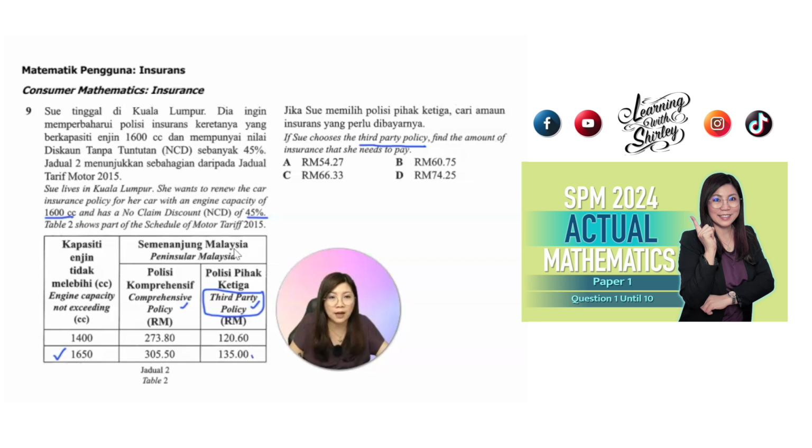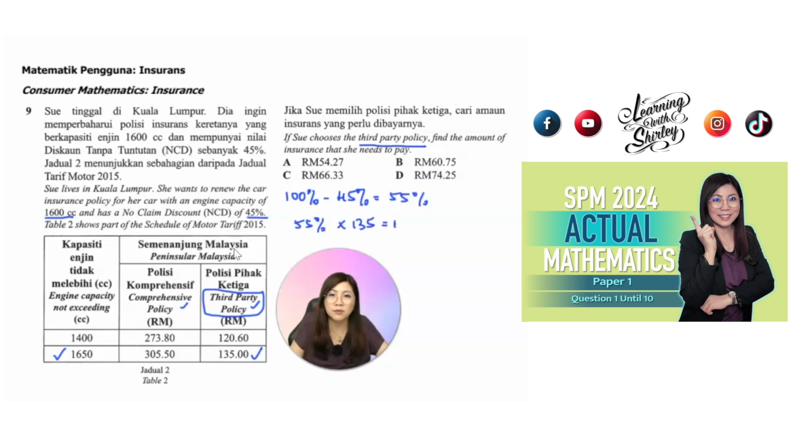So 135, but there's an NCD of 45%. So we have to use 135 minus the 45%. Okay, so I can actually use 100% minus 45%. So actually she has to pay 55%. Okay, so how much is the 55%? 55% of 135.